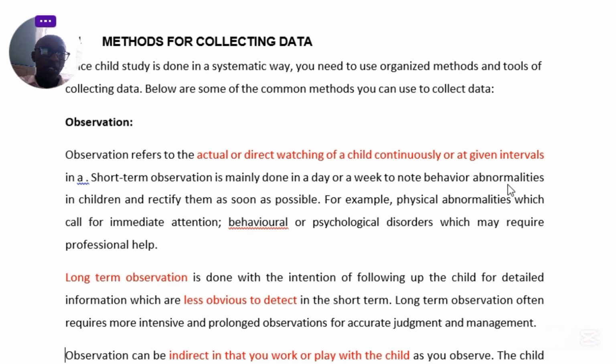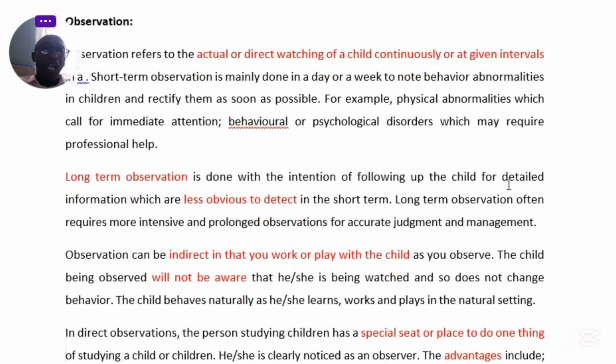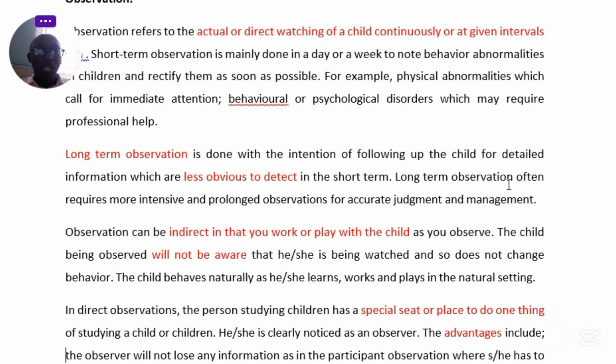It is important to note that observation can be indirect in that you can work or play with the child as you observe. So instead of placing a chair there and you sit and observe, a child may sense it and therefore act out behavior, be nice because he has noticed you are watching. But with observation where you are involved, the indirect style, the child may not be aware that he is being observed.